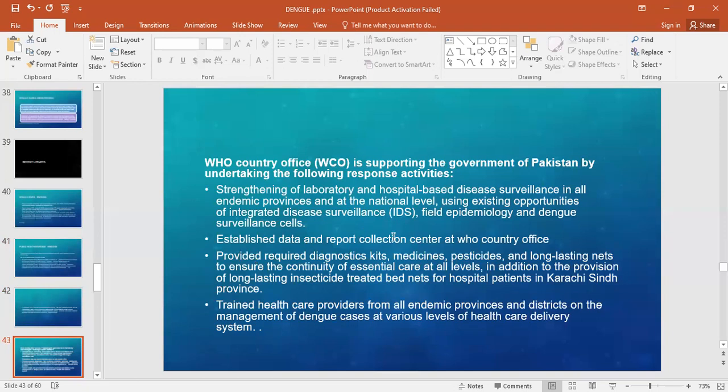Establish a data and report collection center at the WHO country office, and provide required diagnostic kits, medicine, pesticide, and long-lasting nets to ensure the continuity of essential care at all levels. In addition, provision of long-lasting insecticide-treated bed nets for hospital patients in Karachi, Sindh province, and train healthcare providers from all endemic provinces and districts on the management of dengue cases at various levels of the healthcare delivery system.